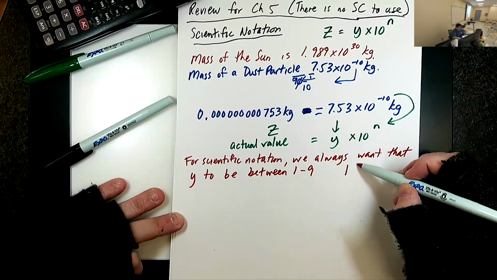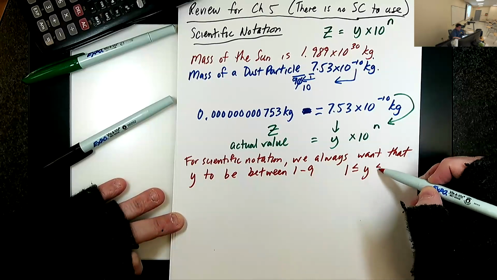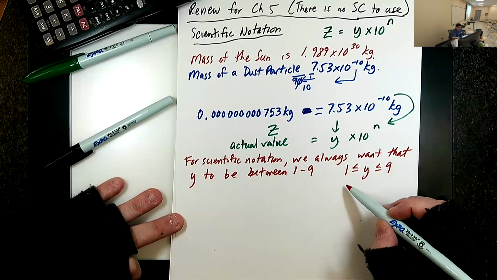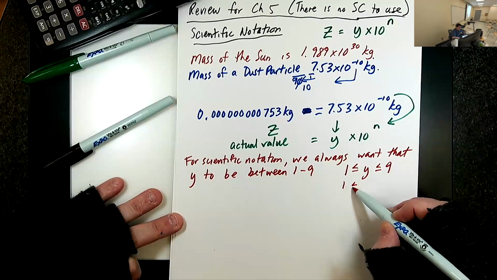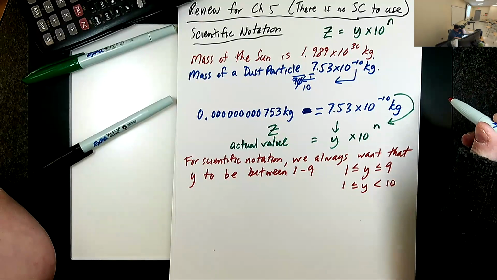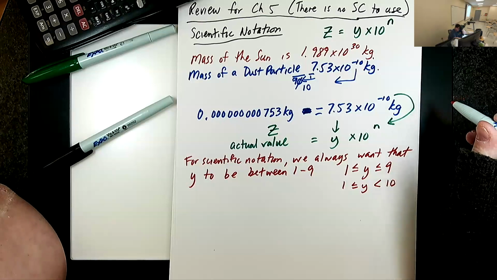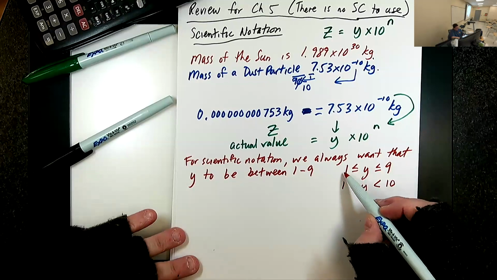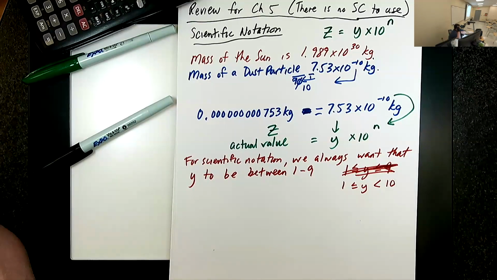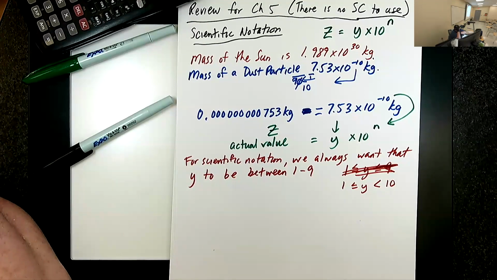So 1 is less than or equal to y, less than or equal to 9. Or another way of saying that is 1 is less than or equal to y, less than 10. Below 10. In fact, I like that version better, because it can be 9.89999. It could be 9 with the decimal. We're going to go with that one.